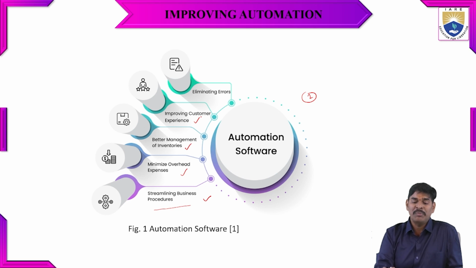The next one is improving customer experience. How are they going to improve this customer experience? The best example is Amazon. When customers purchase any product, whether they are satisfied or not satisfied with the product, they mainly give feedback. Based upon the feedback, other customers try to purchase the order, or by checking the feedback they decide whether they need to take that particular product or not.